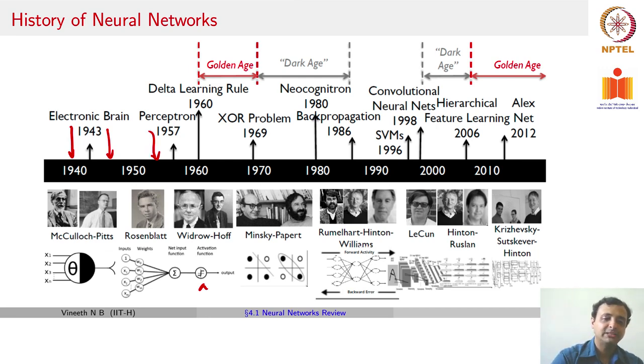Later in the 1950s, Frank Rosenblatt came up with the first model of the neural network known as the perceptron.